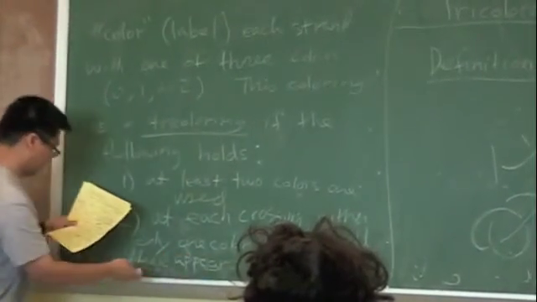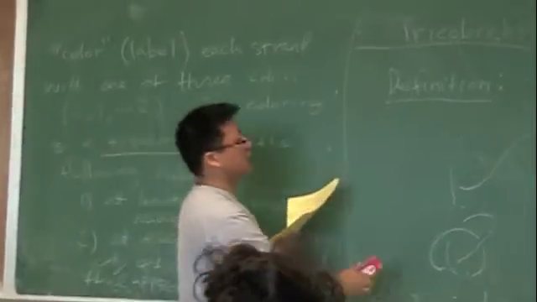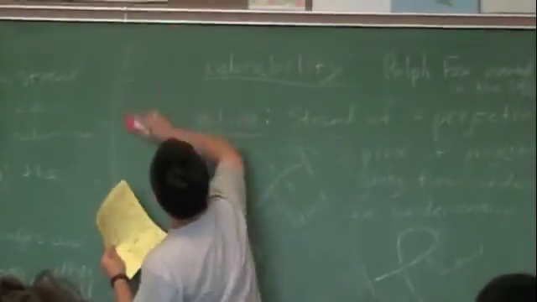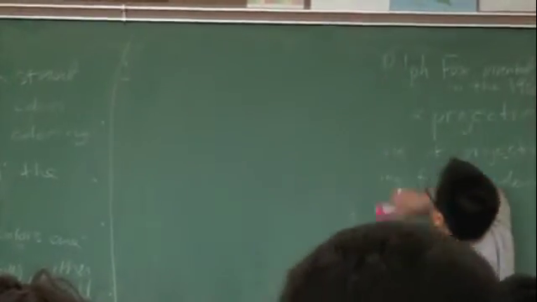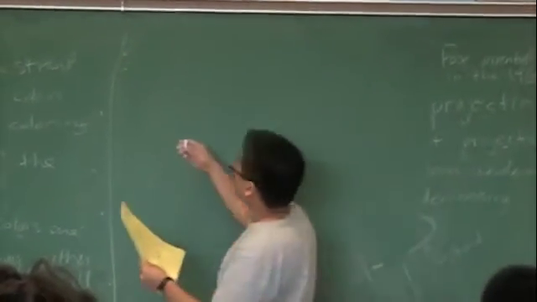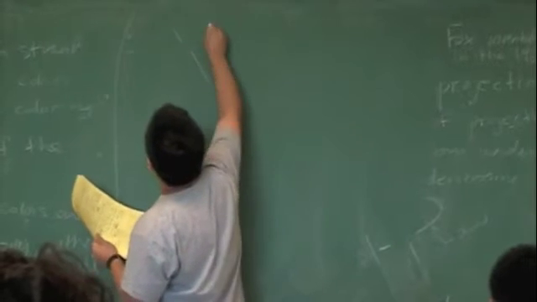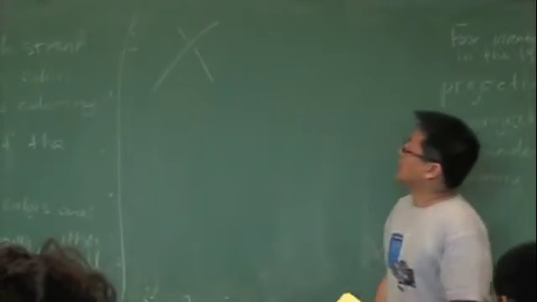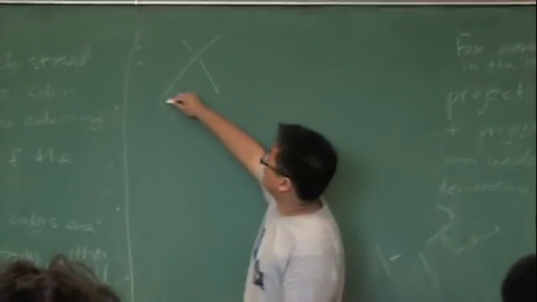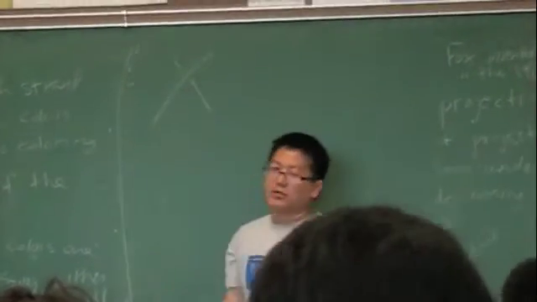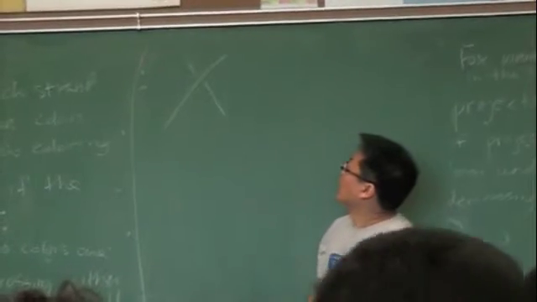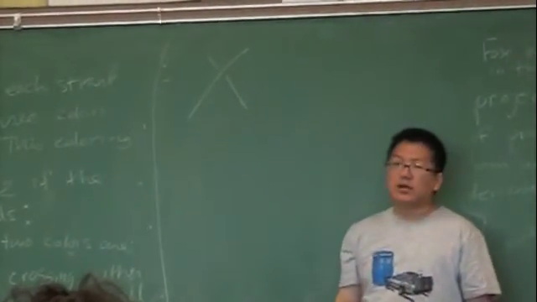Okay, so let me draw a little picture to indicate what I mean. So at a crossing, you have this kind of picture where 2 pieces of the knot cross like this. And you'll clearly see here's something that's part of a strand, here's something that's part of a strand, here's something that's part of a strand. So you can have up to 3 colors.